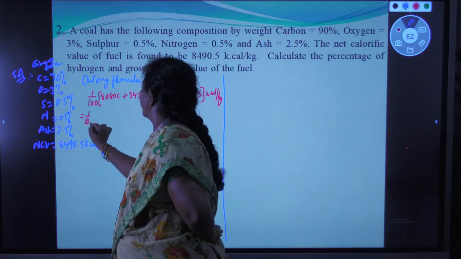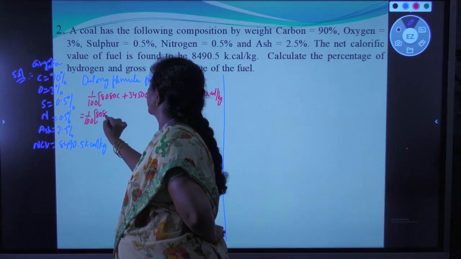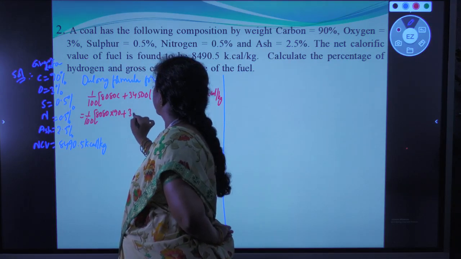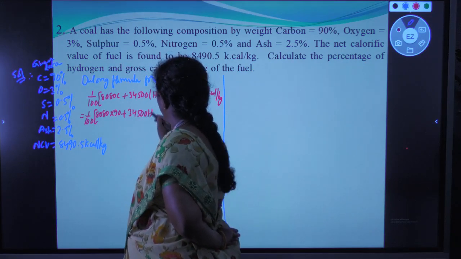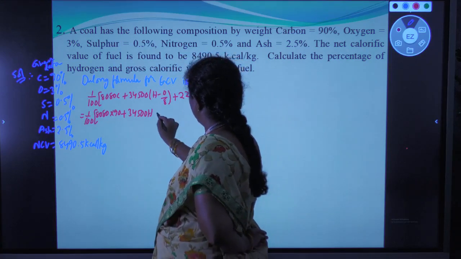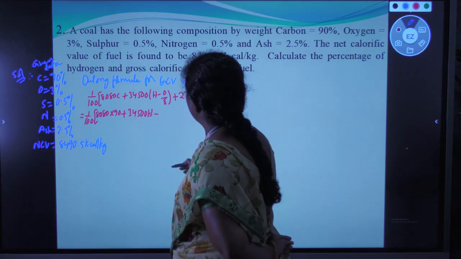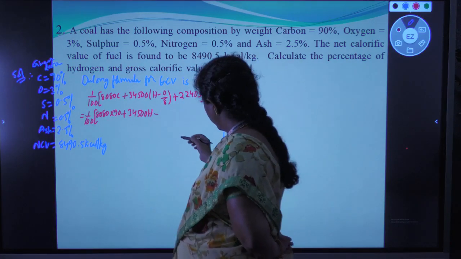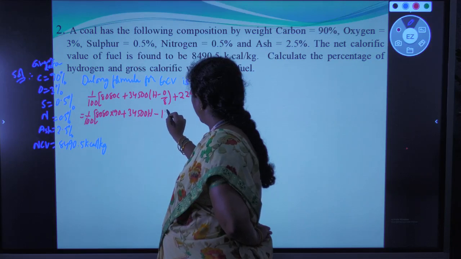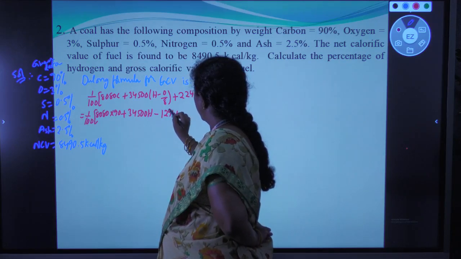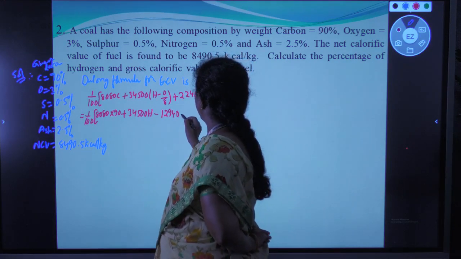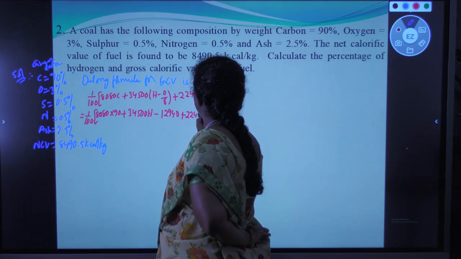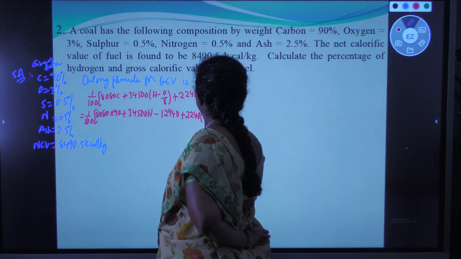That means 1 by 100 into 8080 into 90 plus 34,500 hydrogen minus 34,500 into 3 by 8, that is equal to 12,940, plus 2,240 into 0.5.